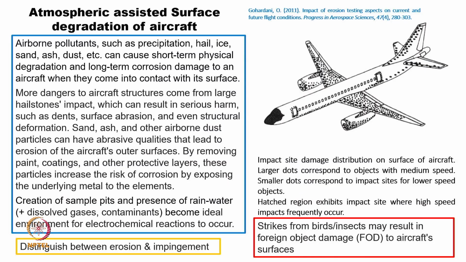Now, let us take one more important aspect, particularly atmospheric assisted surface degradation of aircraft. You know, we like the cloud, but the cloud itself has so many particles, and it has water also, and when an aircraft passes through that cloud, the speed is huge.